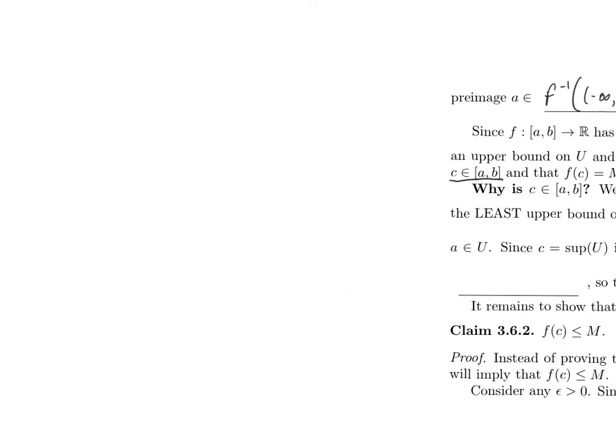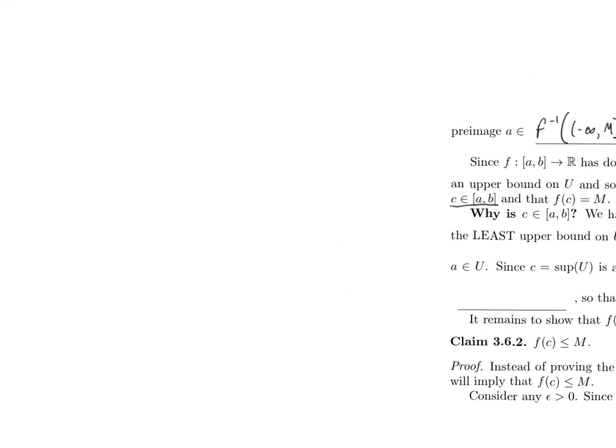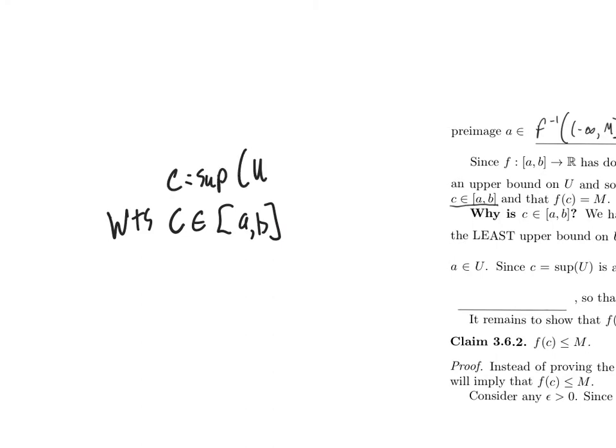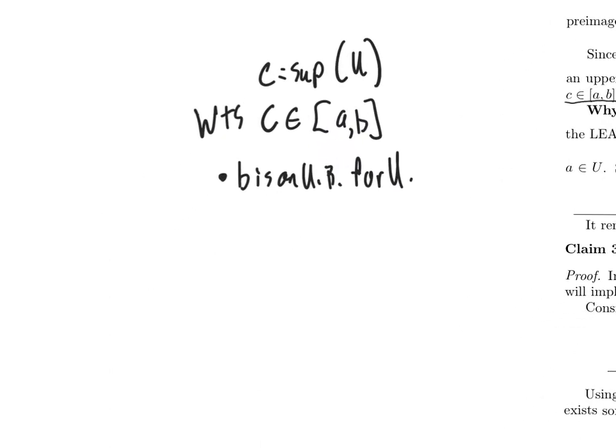Let's explore this in scratch work off to the side. I want to show that C is in [a, b]. And remember, C is equal to the supremum of U. Let's think about what we just did. We've shown b is an upper bound for U. But C is the least upper bound.